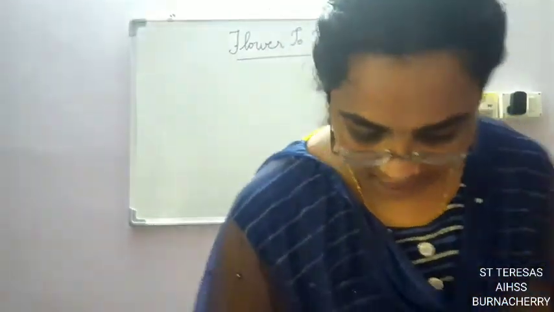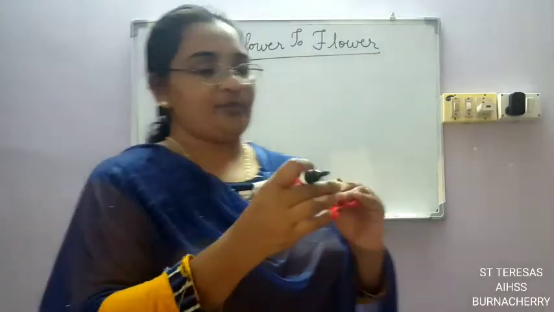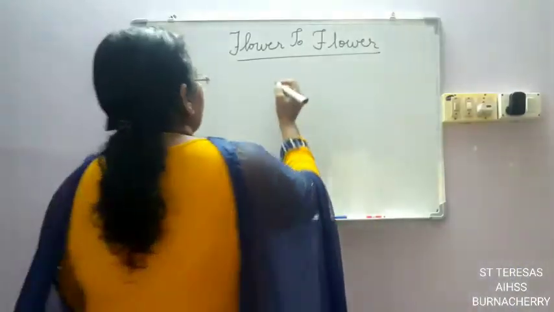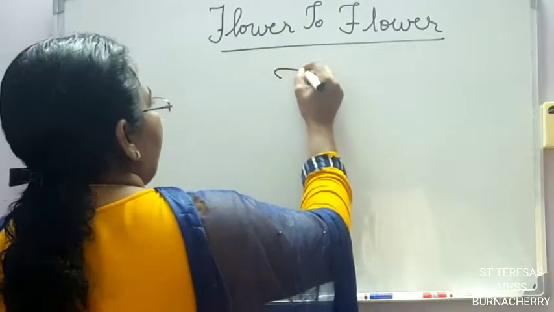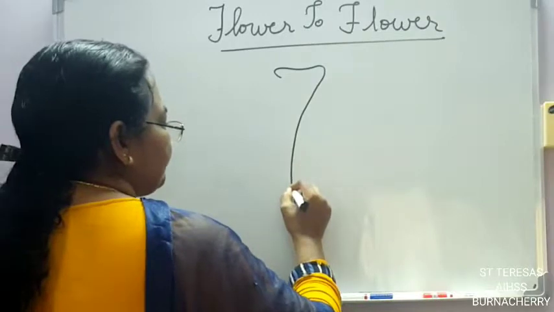Now when I draw it on the board, it will be like this. That is this portion. I am drawing this portion. If I take the single one, it will be like this.